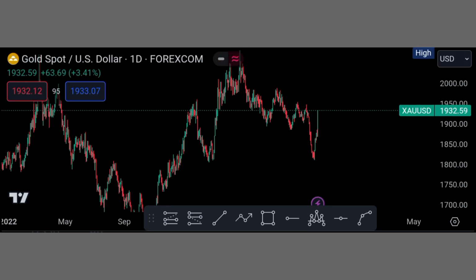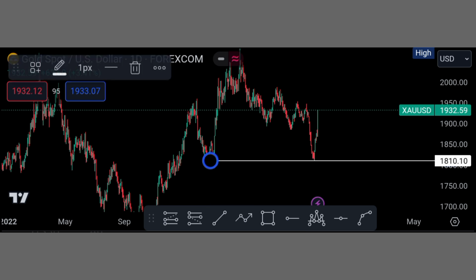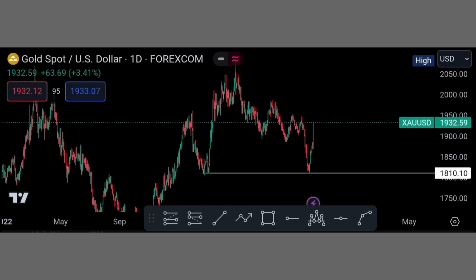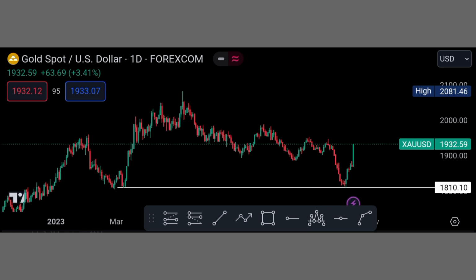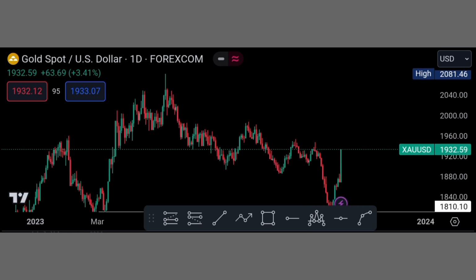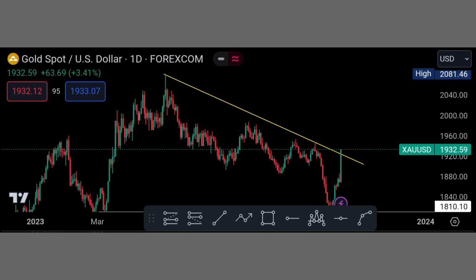On the daily time frame, you can see that we had a very sensitive level around this area, something similar to US30. Okay, and then if I can zoom in, you'll see that we also had a pattern like this. Okay, and we broke that pattern.